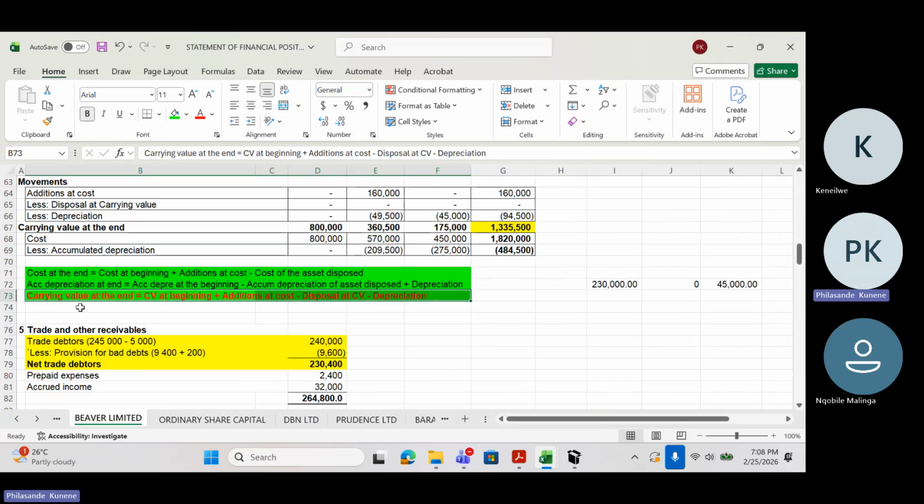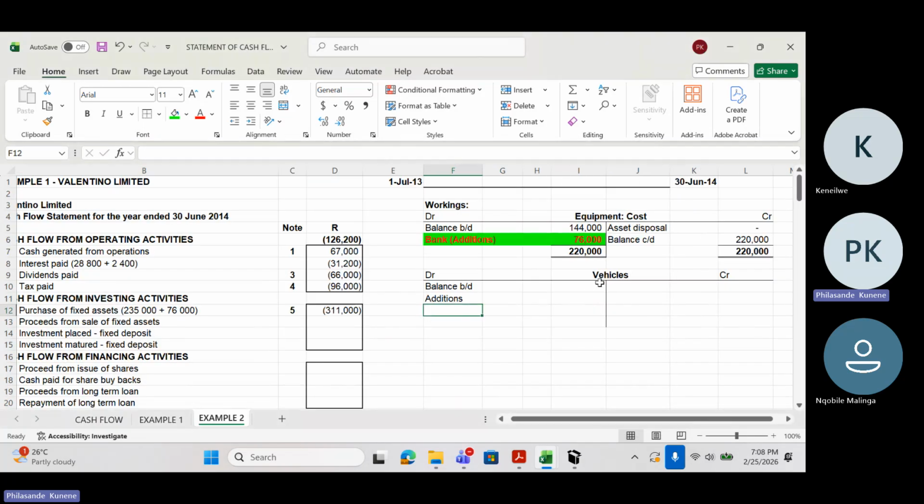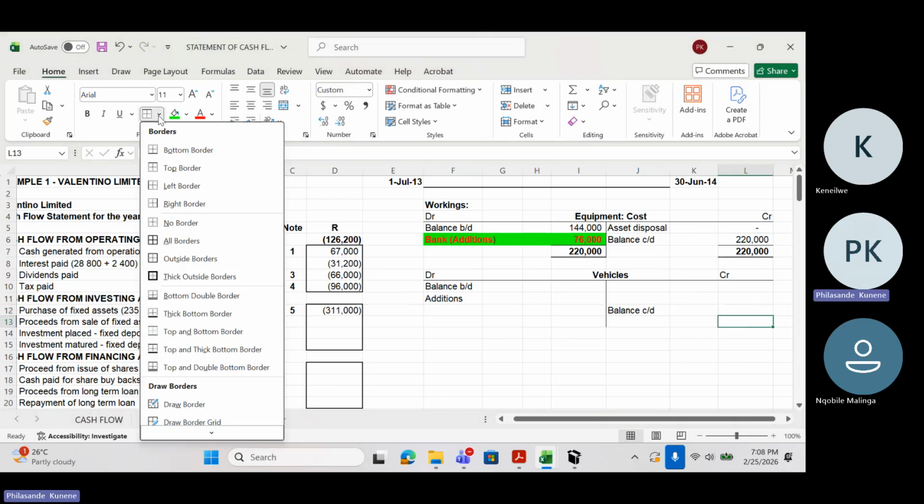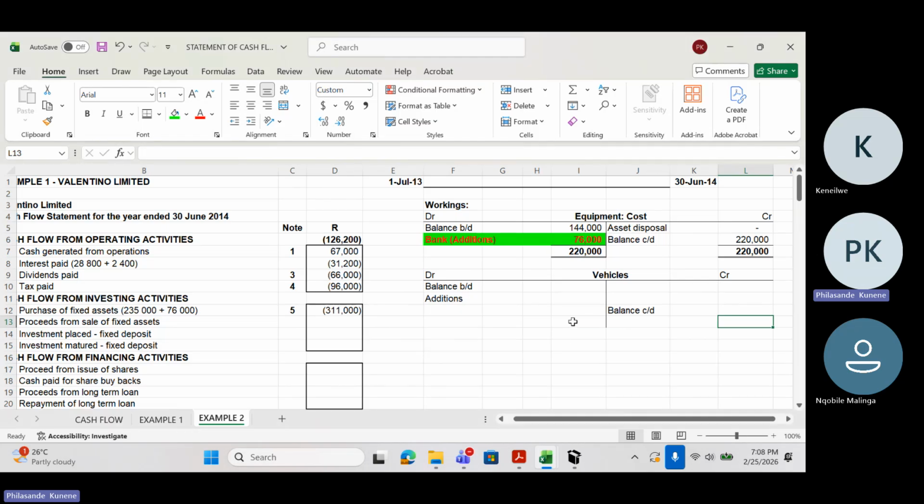Because this is the formula that we are talking about now. Then this side I'm going to have what? Okay, let me just say balance carried down this side. And then I'm going to have what? My totals. I need to show my totals for both sides.